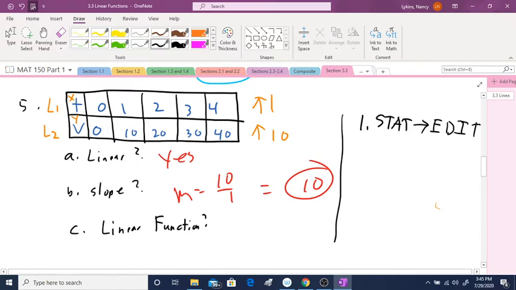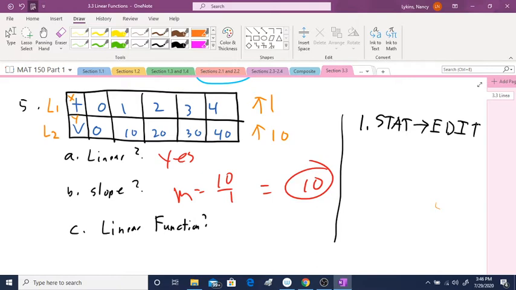Edit is your first option. You hit enter. Then you've got your L1 and L2s. Now make sure you never hit the DEL button because it will mess up your calculator. Then you're going to have to probably either email me or look on YouTube about how to fix this error.